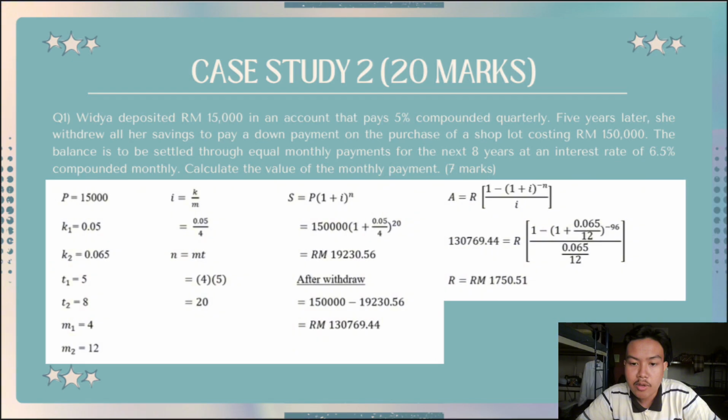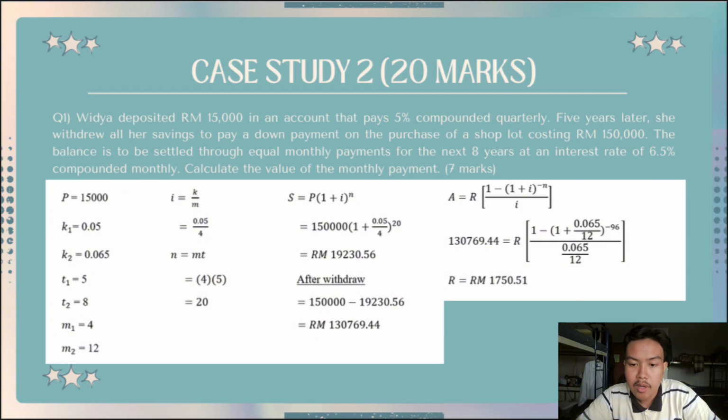To find that, you must use 150,000 minus 19,230.56. After that, we are going to use the present value formula, which is A equal to R bracket 1 minus bracket 1 plus i bracket to the power of negative n bracket divided by i.